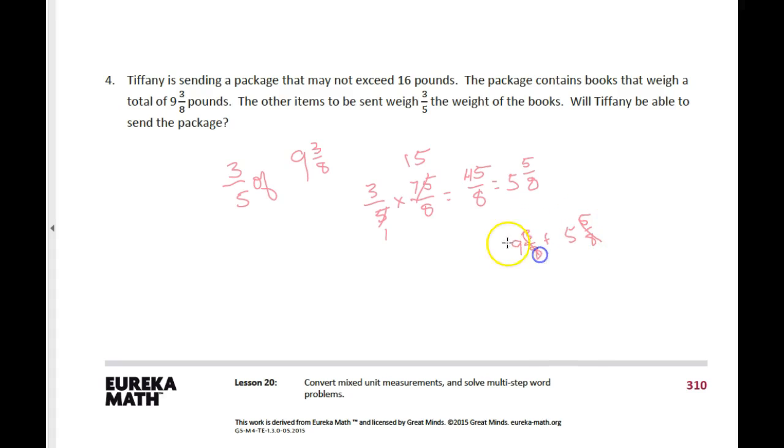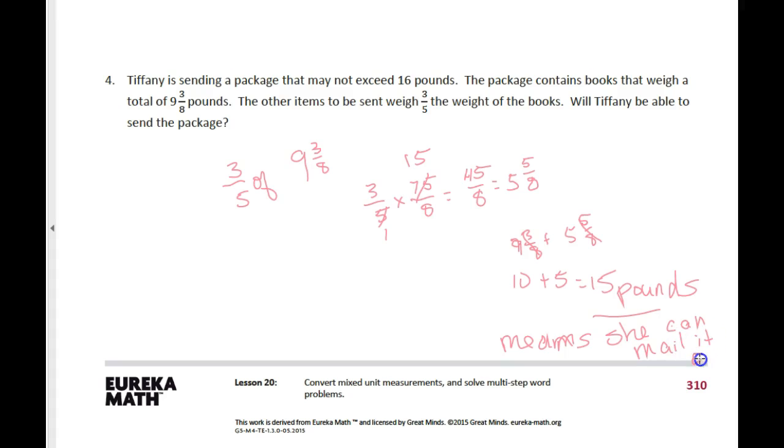So if we add these together, we can just call this one a 10. 10 plus 5 is 15. So 15 pounds means she can mail it.